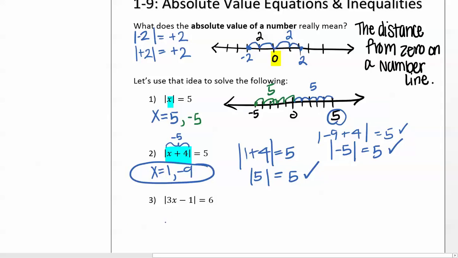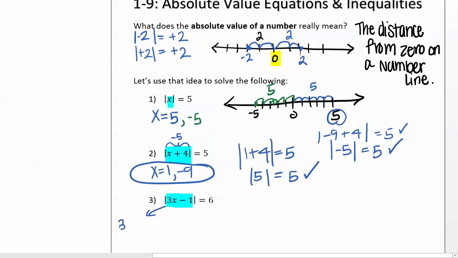The third one is starting to get a little trickier. 3x minus 1 in an absolute value equals 6. At this point, you may realize there is a pattern here. We're looking at the inside here, in this case 3x minus 1, and we're asking ourselves what would make that 6? And what would make that -6? So let's set up two equations.